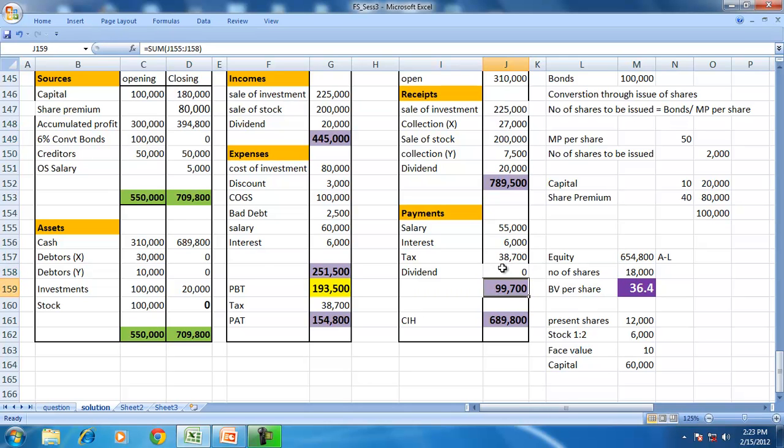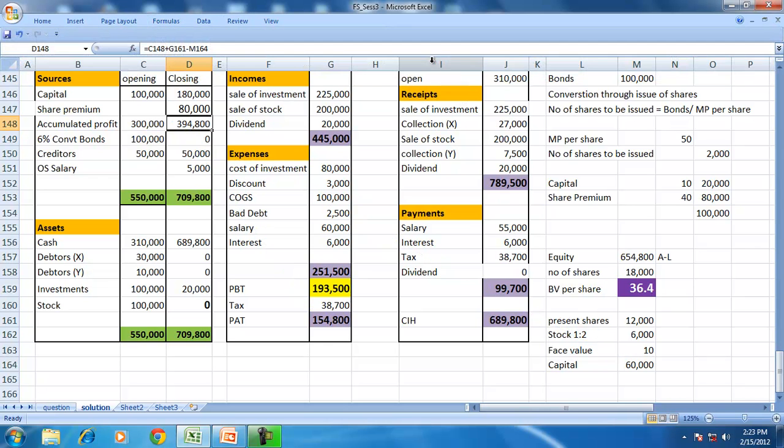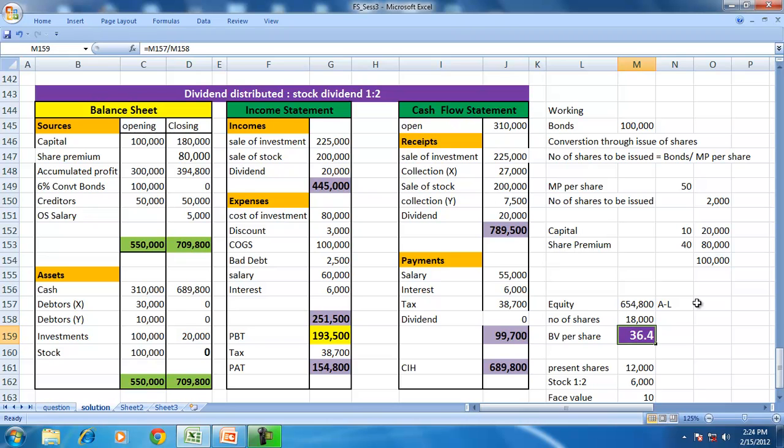No change in the cash because we have not paid the dividend in the form of cash, but the retained profit has reduced because of the distribution of dividend in the form of shares. Here we can see the number of shares has increased from 12,000 to 18,000, the equity remaining constant. Because the number of shares goes up, the book value per share falls to 36,000.